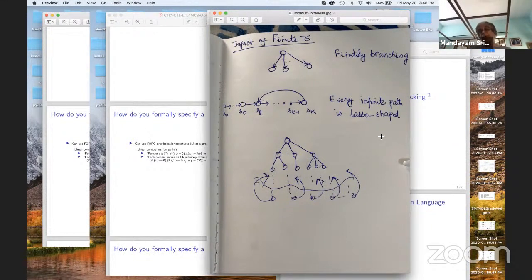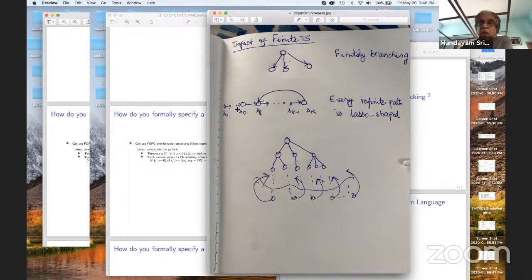So the execution paths and the traces that are generated by our transition system or Kripke structure are all infinite paths. But if we assume that the transition system is finite, that is, the universe of states is finite, then every path has to be shaped like this, correct?